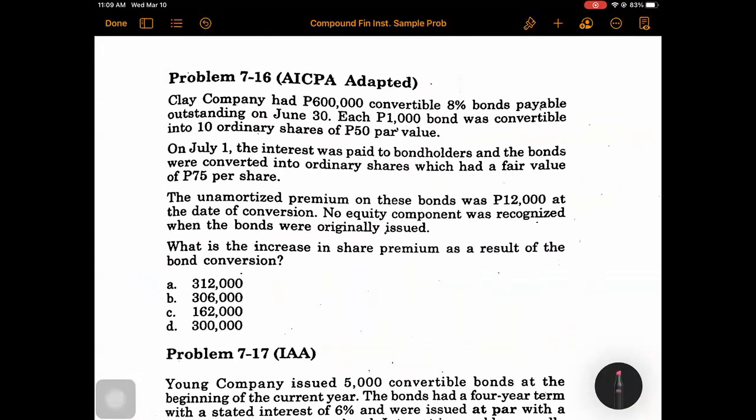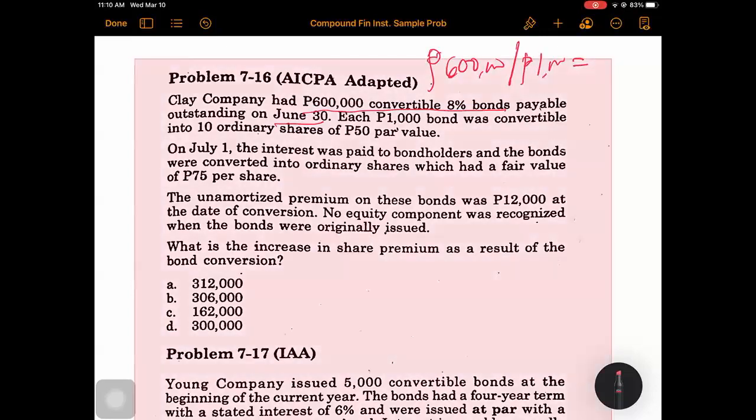This is convertible bonds. Okay, so Clay Company had 600,000 convertible 8% bonds payable outstanding on June 30. Each 1,000 bond was convertible into 10 ordinary shares of 50 par value. Therefore, naa say 600,000 pesos nga bonds divide 1,000.